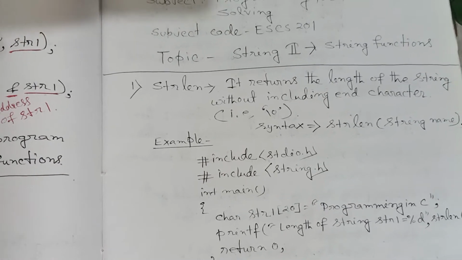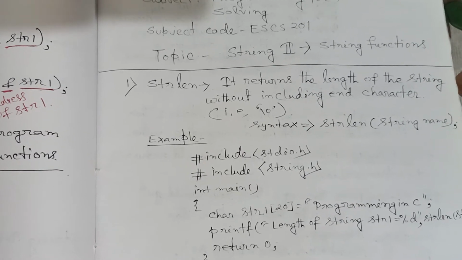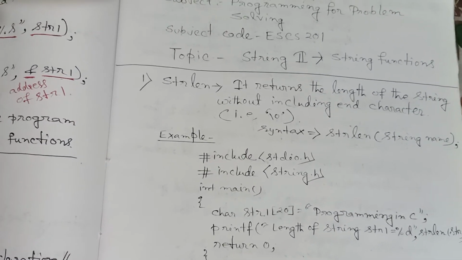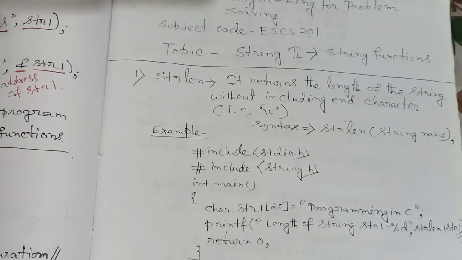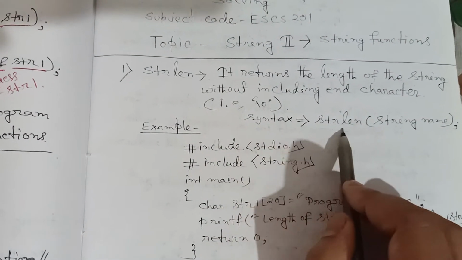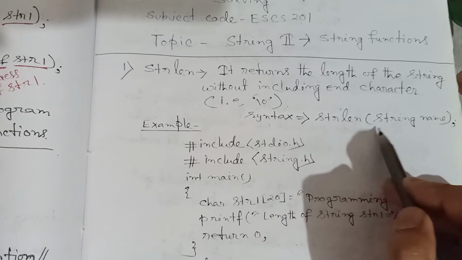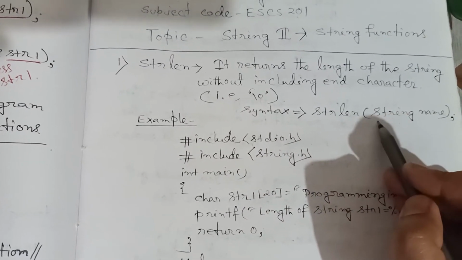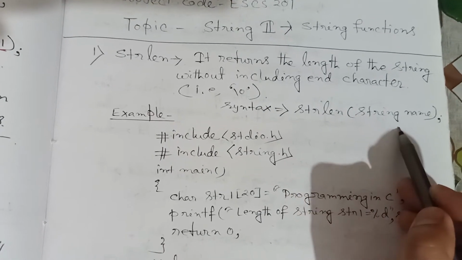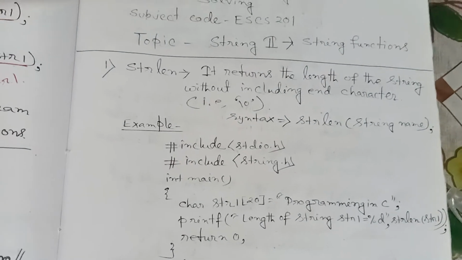That means it counts the total length of the string, not the last null character. So here is the syntax of strlen: within the first bracket we should write the string name and then the semicolon.